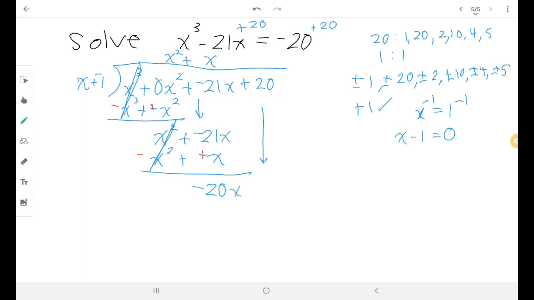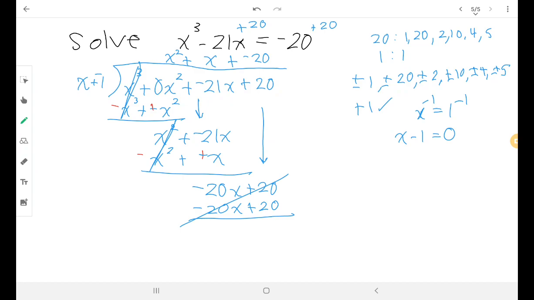And bring down the plus 20, put a plus up here, and start the game over again. So now, what do I have to multiply by this to make that? And the answer is negative 20. So negative 20 times x is negative 20x, plus negative 20 times negative 1 is positive 20.